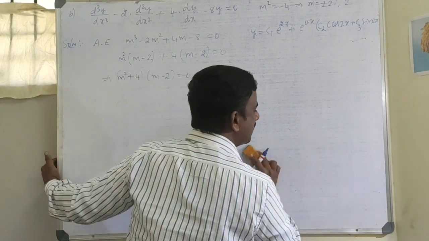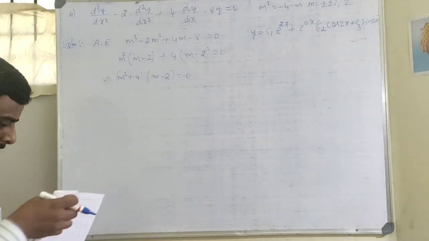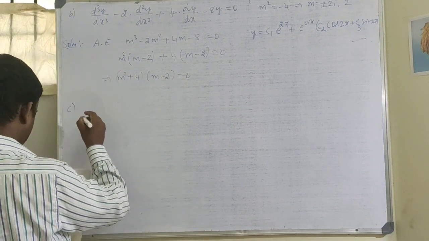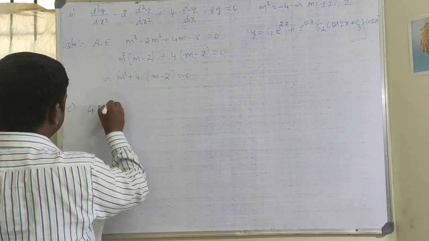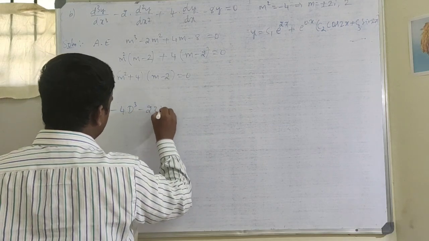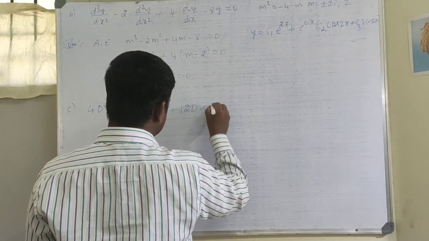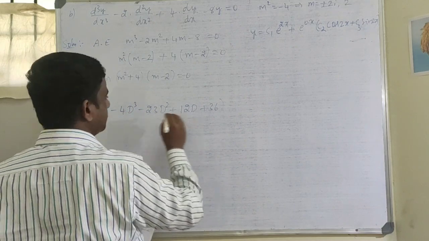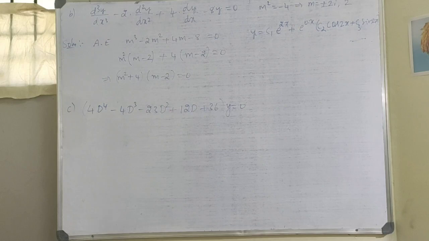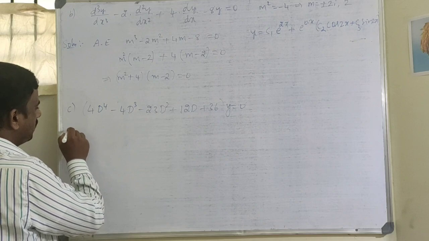So next, let us take one more, the last one, problem C. 4D power 4 minus 4D cube minus 23D square plus 12D plus 36. Here again I have a homogeneous linear differential equation, which we have to solve. Solution.